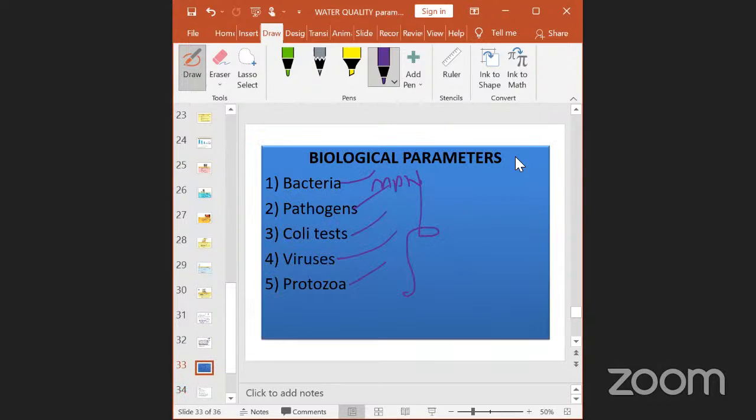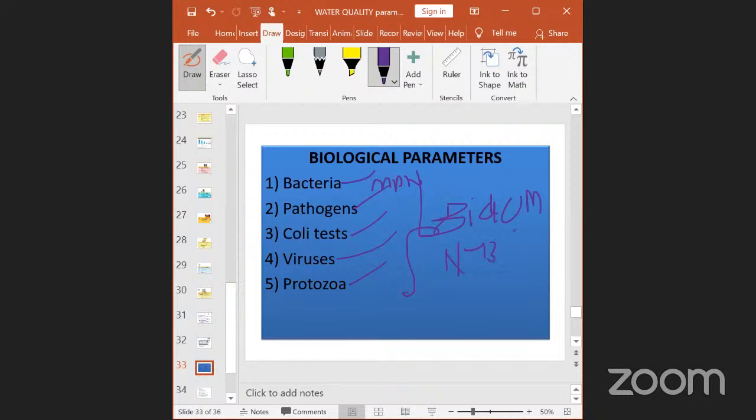Biological parameters can be divided into two types. First one is biodegradable organic matter, and second one is non-biodegradable organic matter.